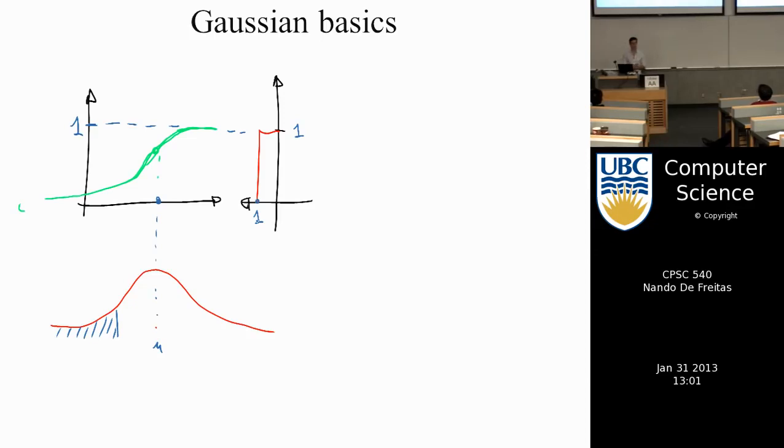Now, if I can draw a random number from a uniform distribution, what I can do is project that number to the curve, and when it meets the curve, I project back, and I get a sample from the Gaussian.